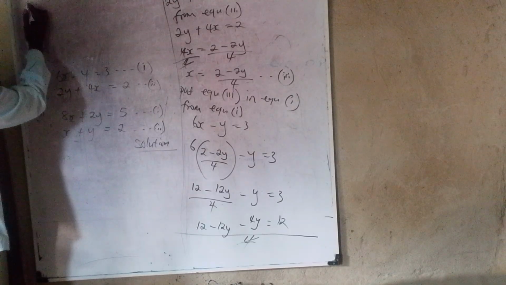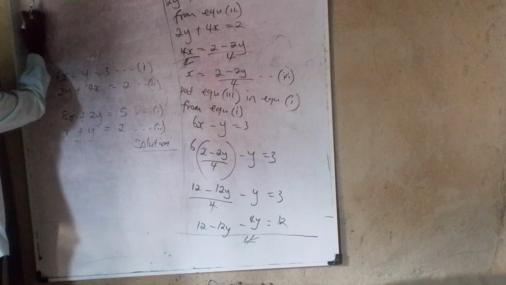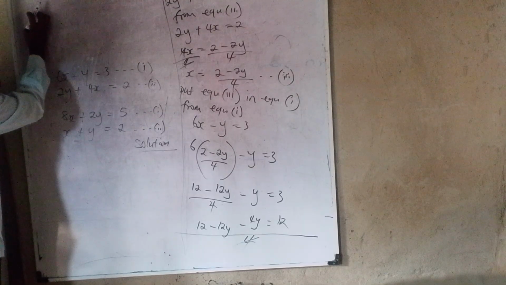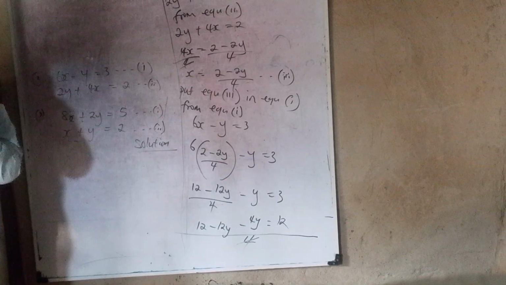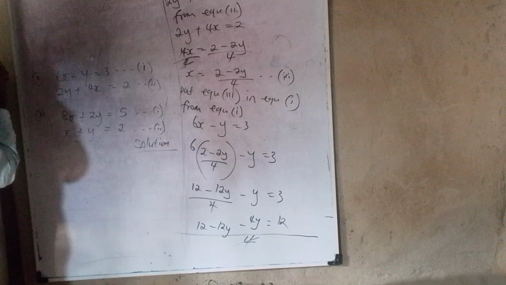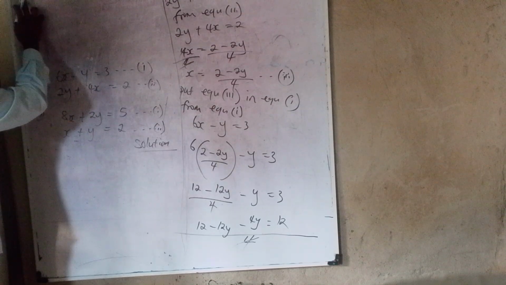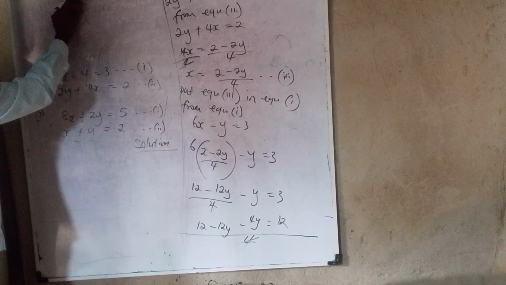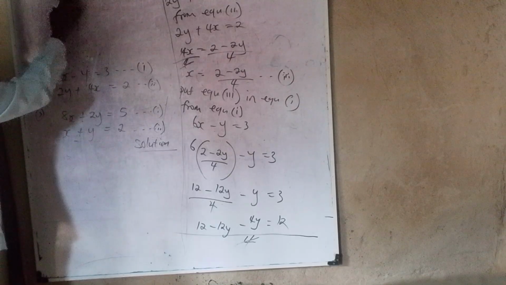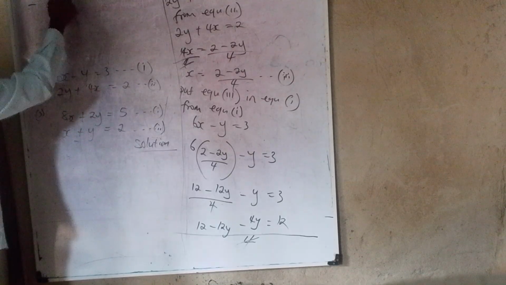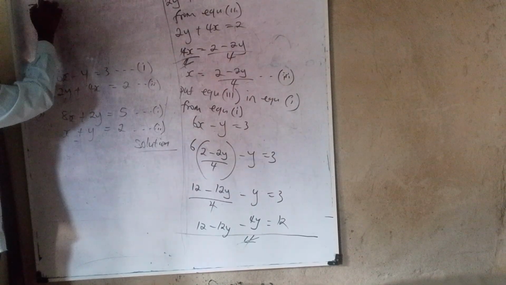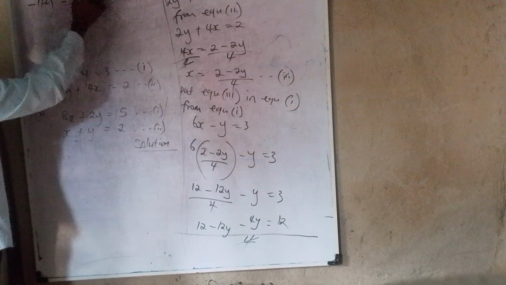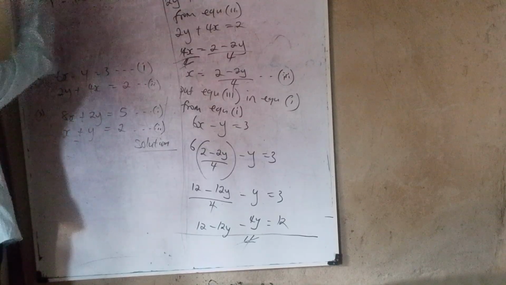Pick like terms. I'll then have 12 minus 12y minus 4y equal to 12. So what will I do from here? Minus 12 on both sides: I have minus 12y minus 4y, which is minus 16y, equal to 12 minus 12, which is 0.